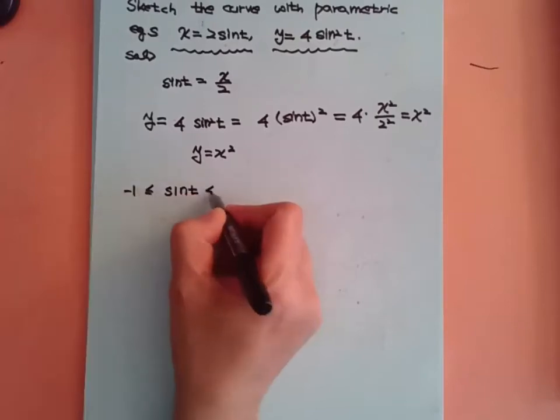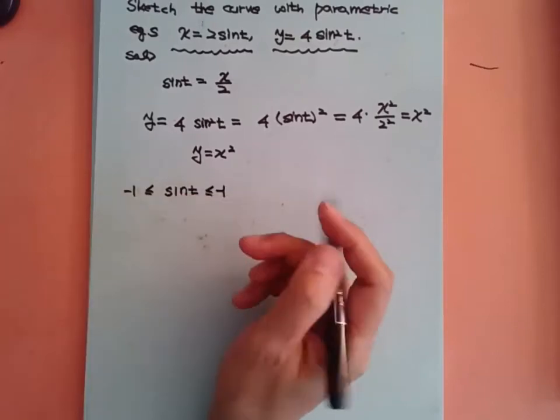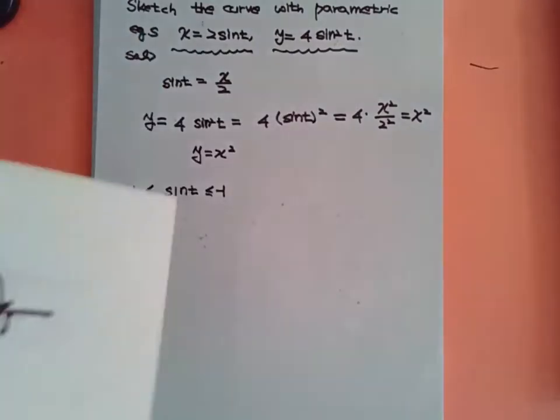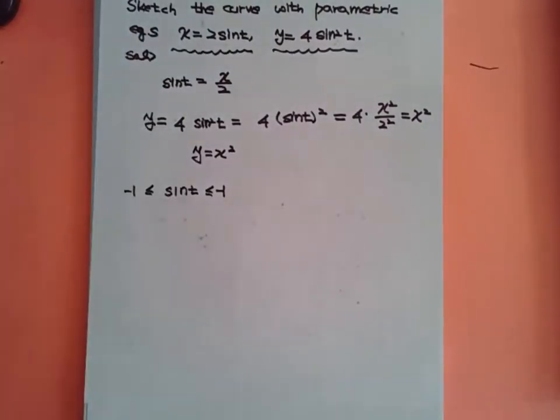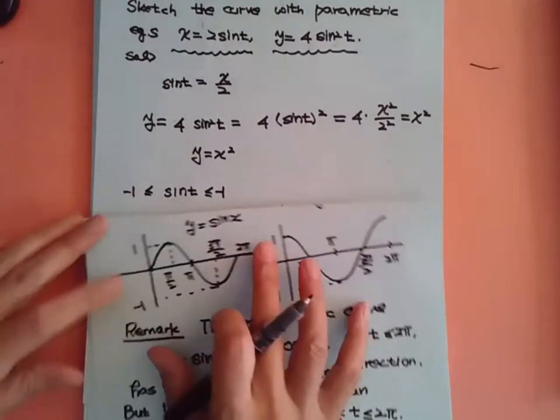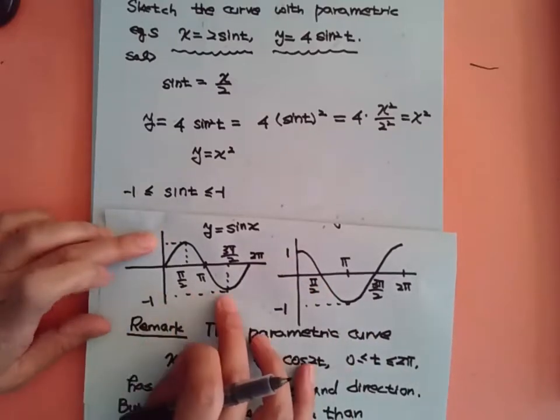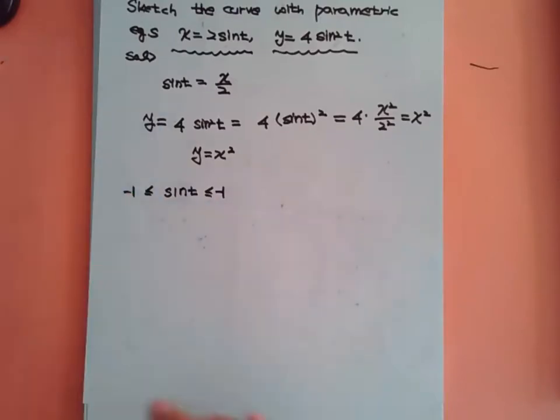Sine of t is between -1 and 1. This is the sine function's graph, so the graph is bounded by -1 and 1.